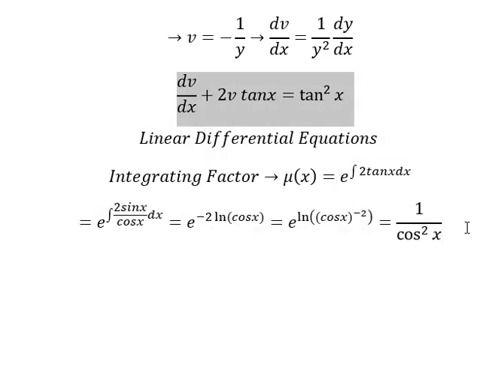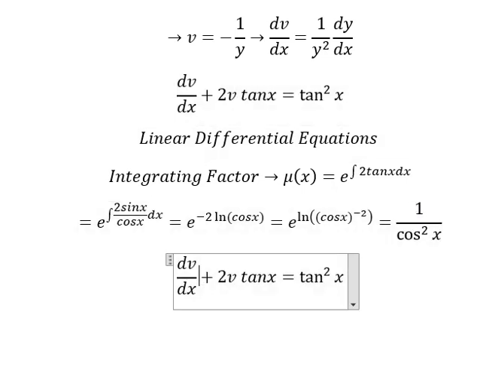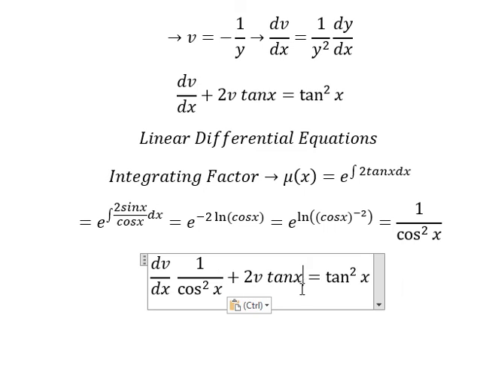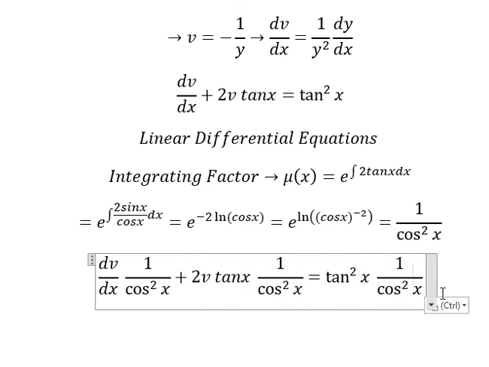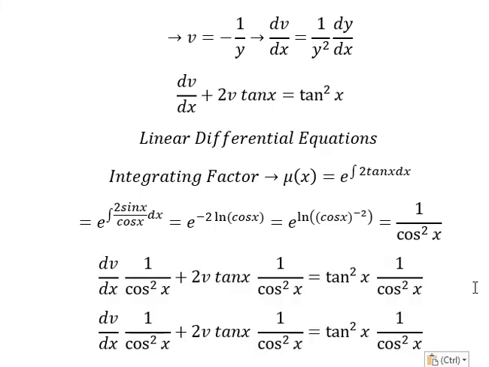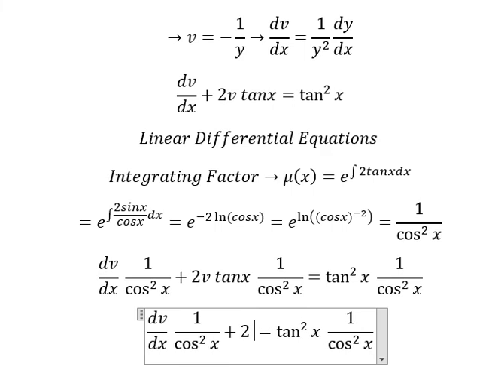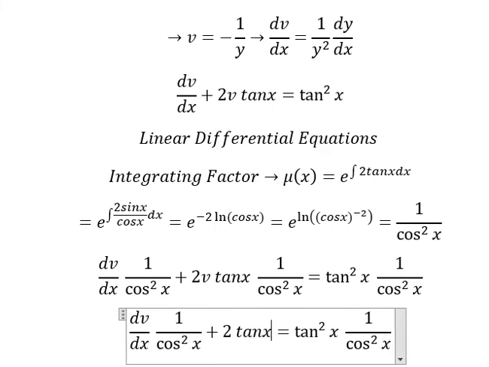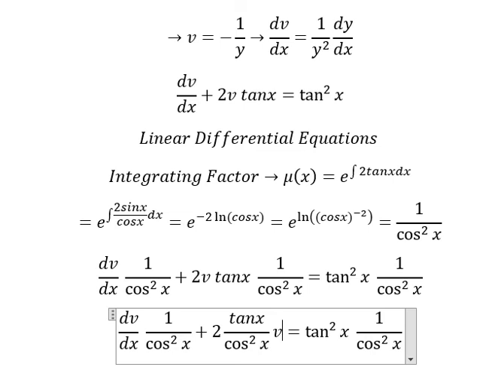That means we multiply both sides by this one. So this one we have 2 tan x over cosine x squared, and we have v in here.